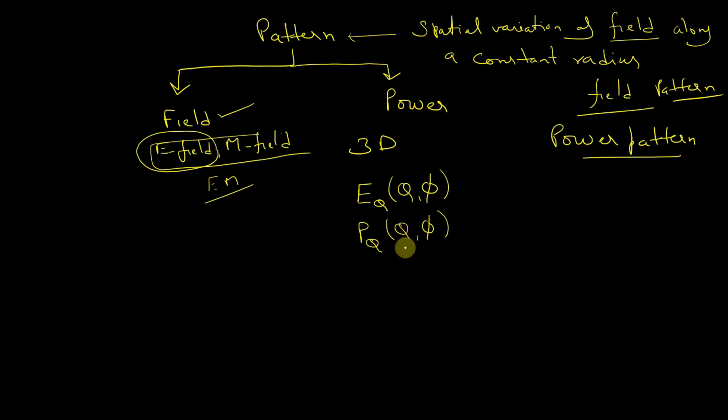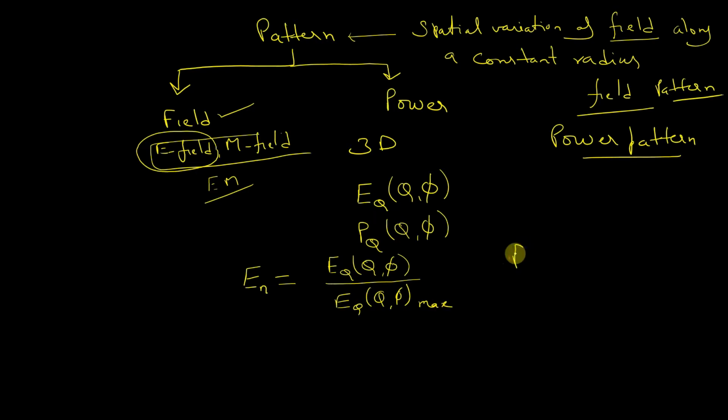So the normalized field pattern, let us say En, will be E(theta, phi) divided by its maximum value, E(theta, phi) max.